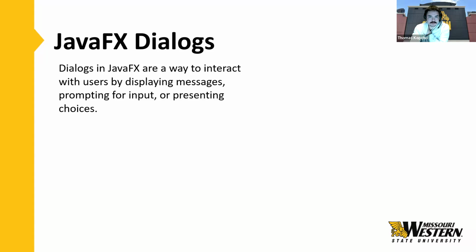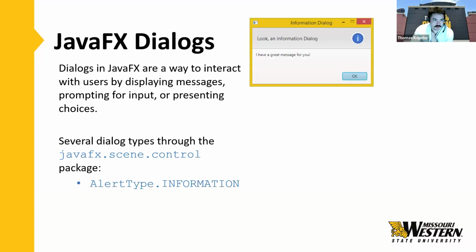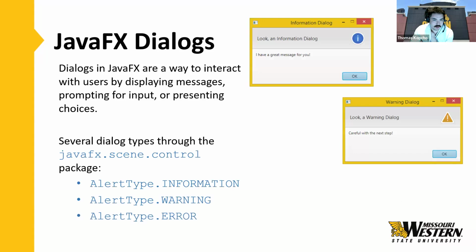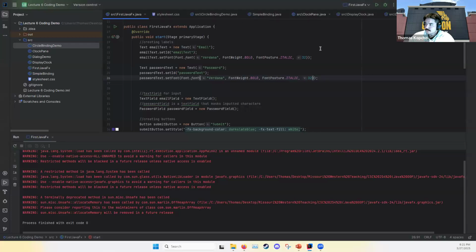There's a bunch of different ones through the javafx.scene.control package, right? So you can do Alert type information, a warning, or an error. You can find some more examples; I put a little link down there. Once I upload the PowerPoint, you can click on that and look at some more examples of them. But I'll show you a couple here.